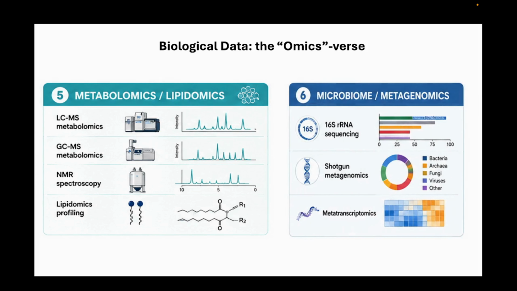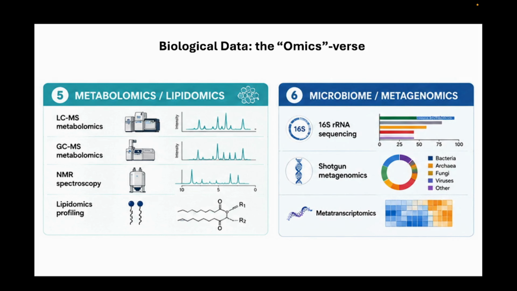And then we have the microbiome and metagenomics. So humans don't exist biologically in isolation. Our bodies contain enormous communities of microorganisms. Rather than growing each microorganism individually in a lab, researchers can sequence genetic material directly from a sample.